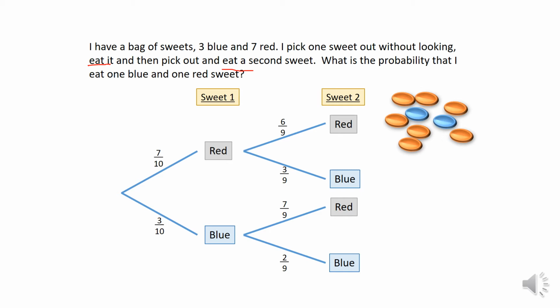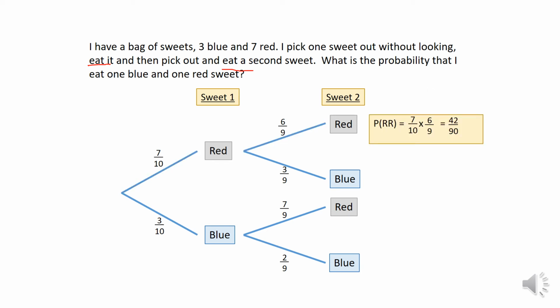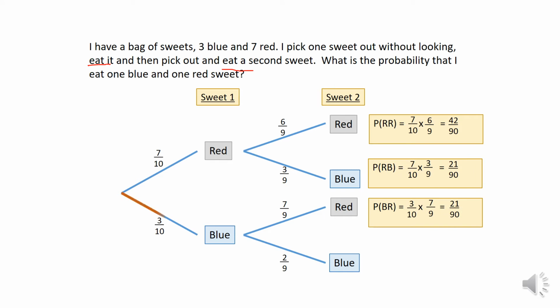So what is the probability of 1 blue and 1 red? We work out our probabilities by going down the branches and multiplying together. So I've got either probability red blue or probability blue red, and it's 21 out of 90 for both of them.